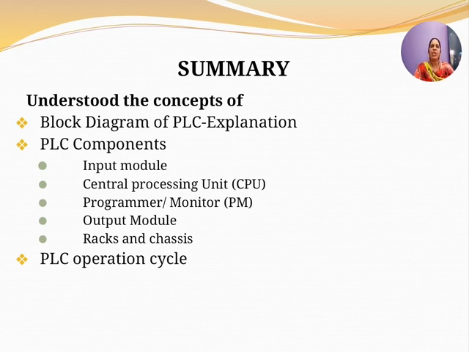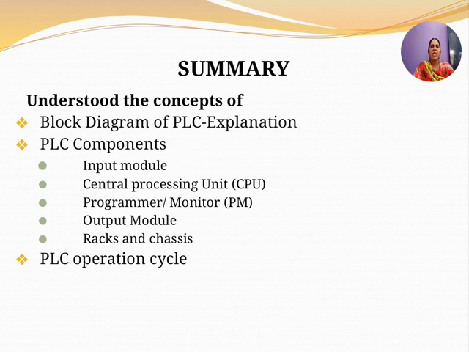The output section converts the logic level output signals coming from the processor section into high level signals and releases the signals for various field devices. The program loader or the monitor section is used to enter the user's program into the memory or change it and to monitor the execution of the program.